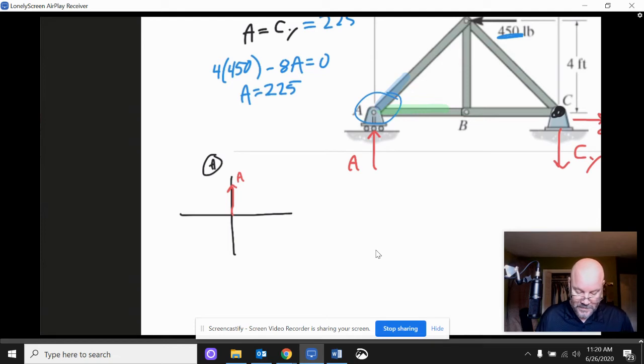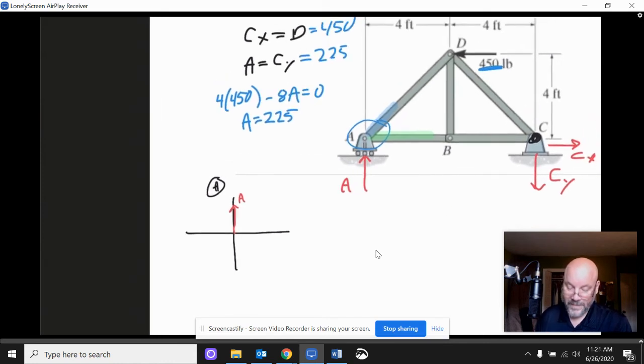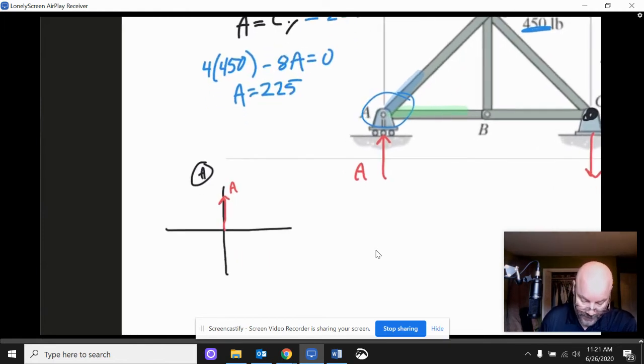So I'm going to use yellow here because what I need in my free body diagram is to be able to represent the direction of what's happening with the beam AD. And so what I'm going to do is draw a line right here. And that line represents the direction for AD. Now, what I don't know is, do I draw my force arrow this way or this way? So here's how I figure that out.